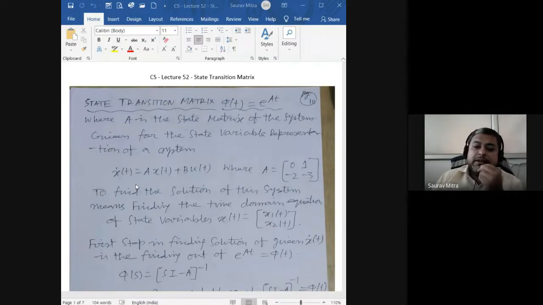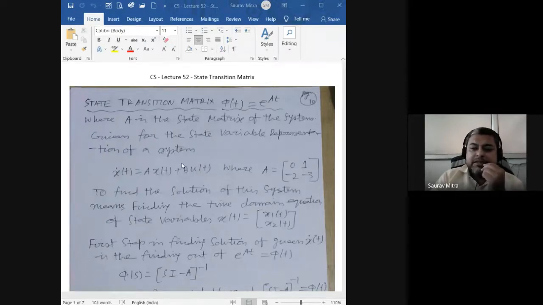Now in this case there will be two solutions. Today we can see the solution of the homogeneous state variable model. Here, x dot t is equal to A x t plus B u t. This is called a non-homogeneous system. Why is it non-homogeneous? Because the external forcing function is given.